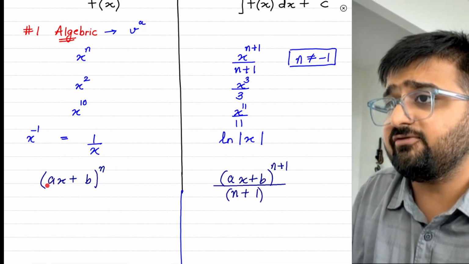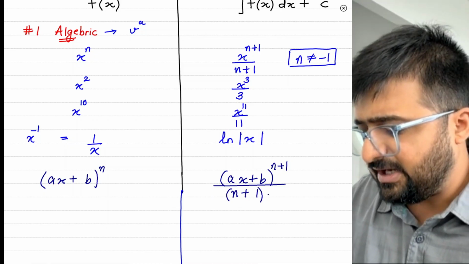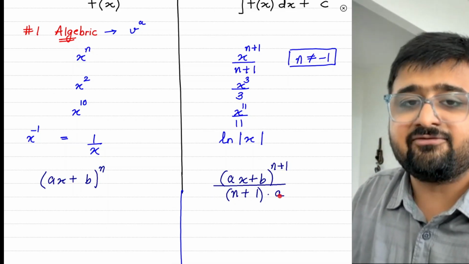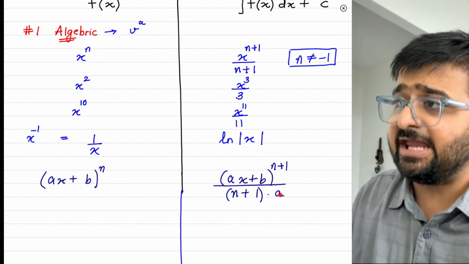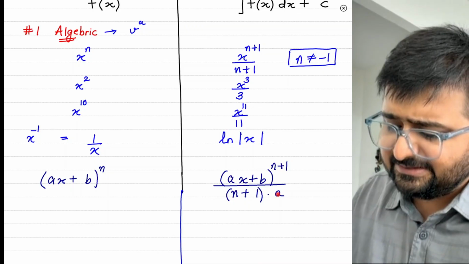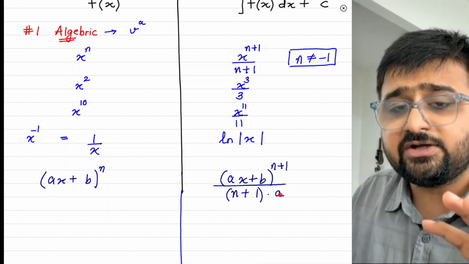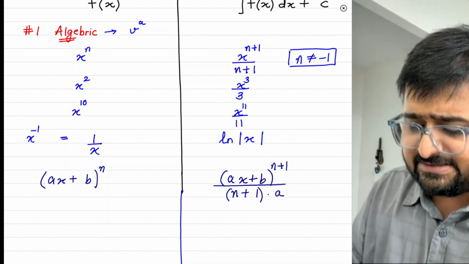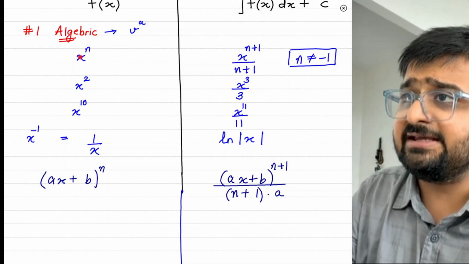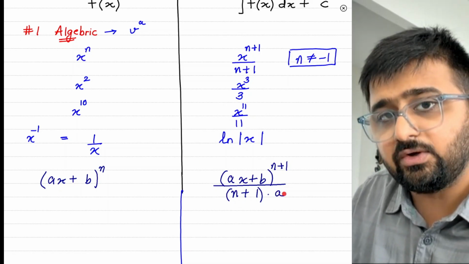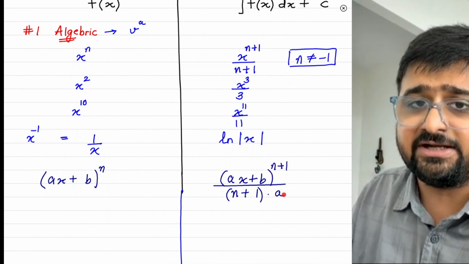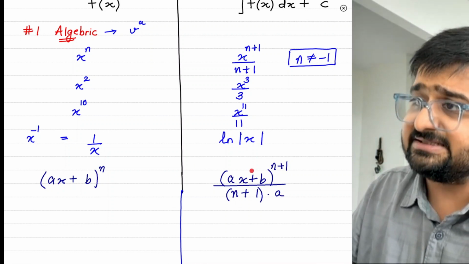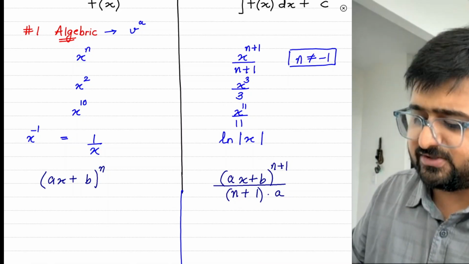The coefficient of x here is a, so you have to divide by a after integrating. Okay, so you should write that a in the denominator. So that's the distinction, and that's the general rule that you can remember in any integral formula out there. If it's a linear term, instead of x, you just divide by the coefficient of x after integrating, and you can apply the same formula.